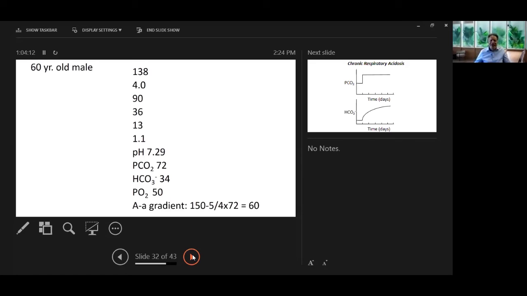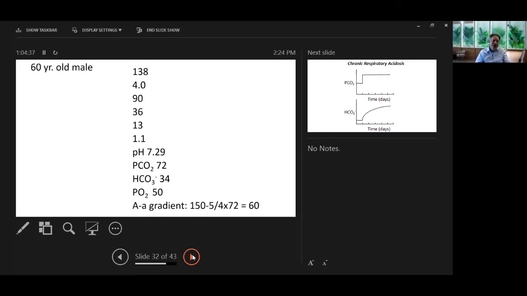Whenever you see that, right away you need to calculate the A gradient to determine the mechanism of the chronic respiratory acidosis. Because if this is a patient with chronic bronchitis, the A gradient is normal. Whereas if it's a patient with emphysema, the A gradient's elevated. So it's a very quick way of telling what's going on with the chest X-ray and also pathologically what's going on in the lungs.